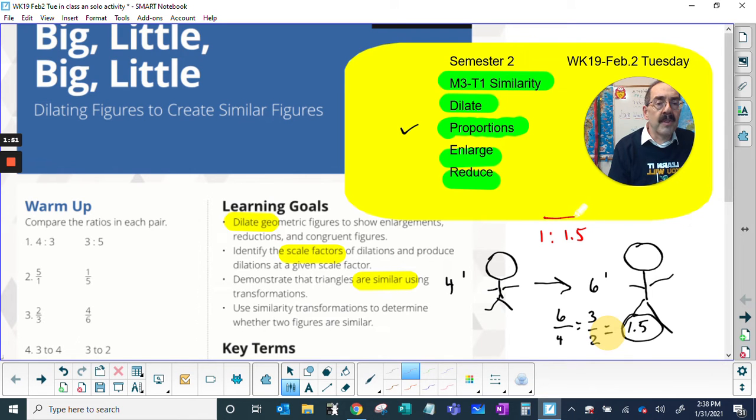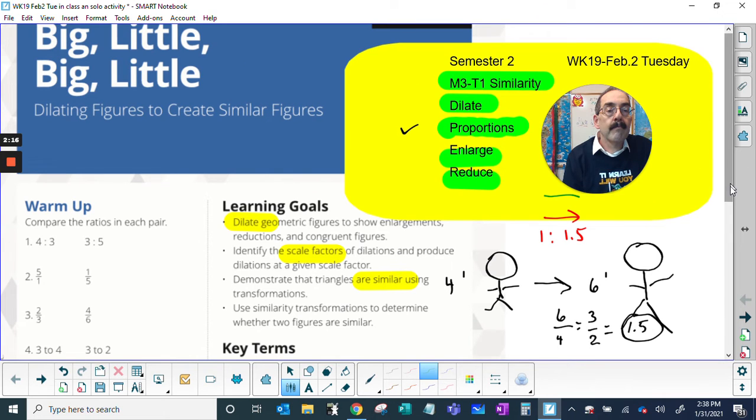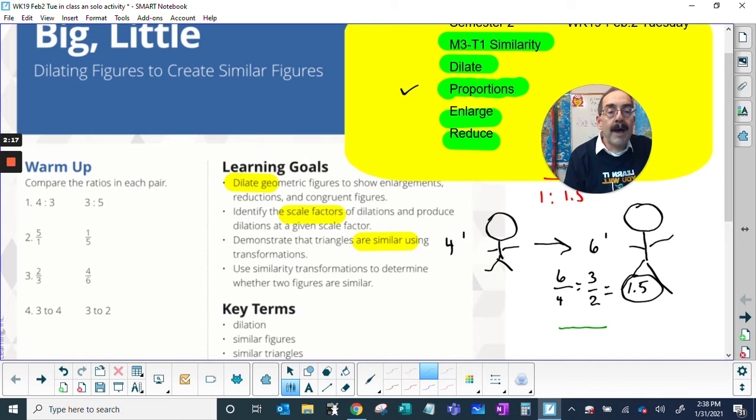If we went this way, bigger, or if we go the other direction, it would go backwards, right, from 1.5 to 1, getting smaller by 50%, okay?